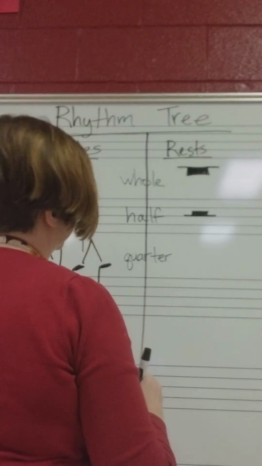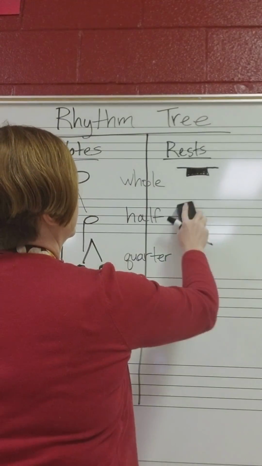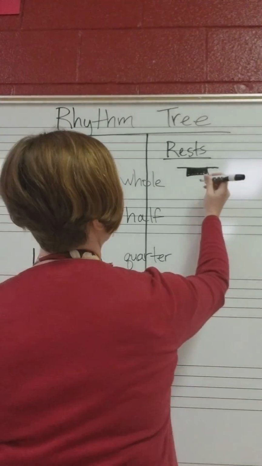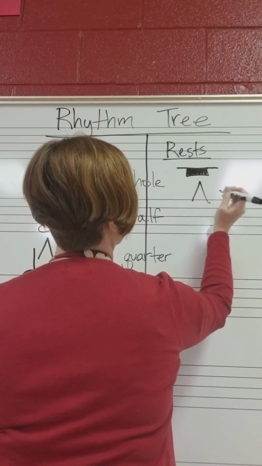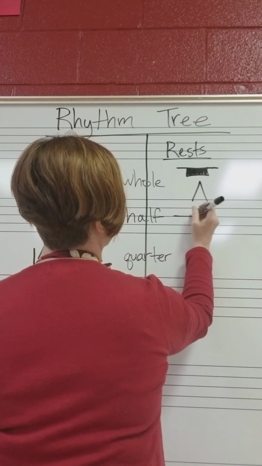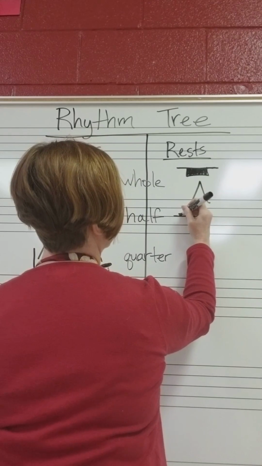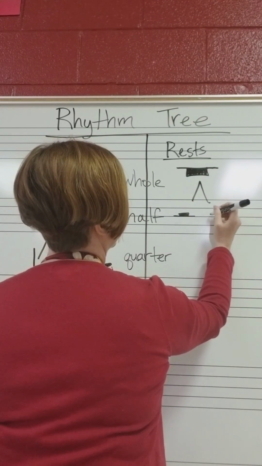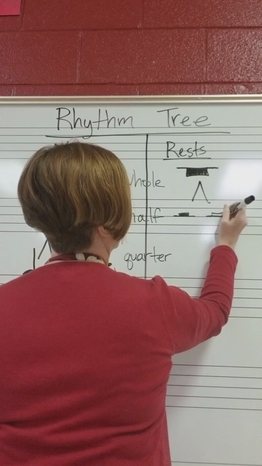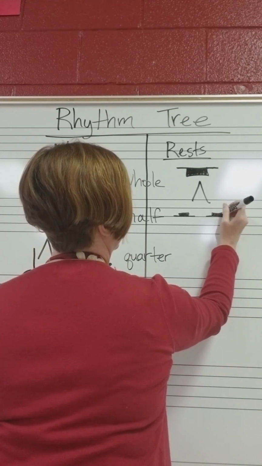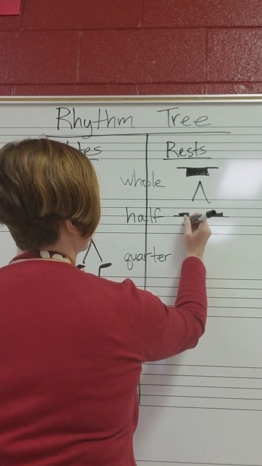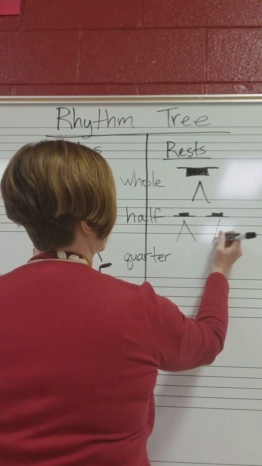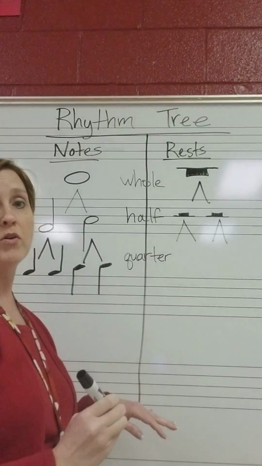So I neglected, I'm going to come back up here and fix this because it takes two halves to go into the whole. So I'm going to draw two half rests. And from each half rest, we have a quarter rest.